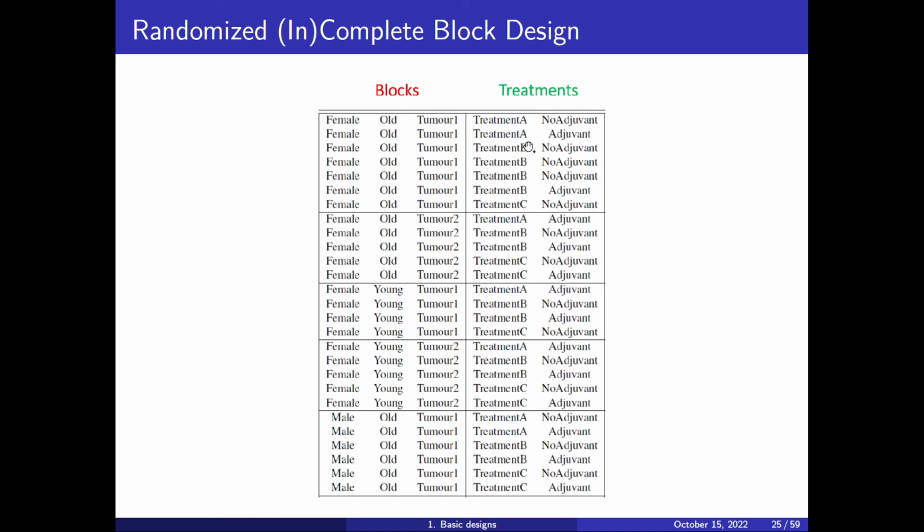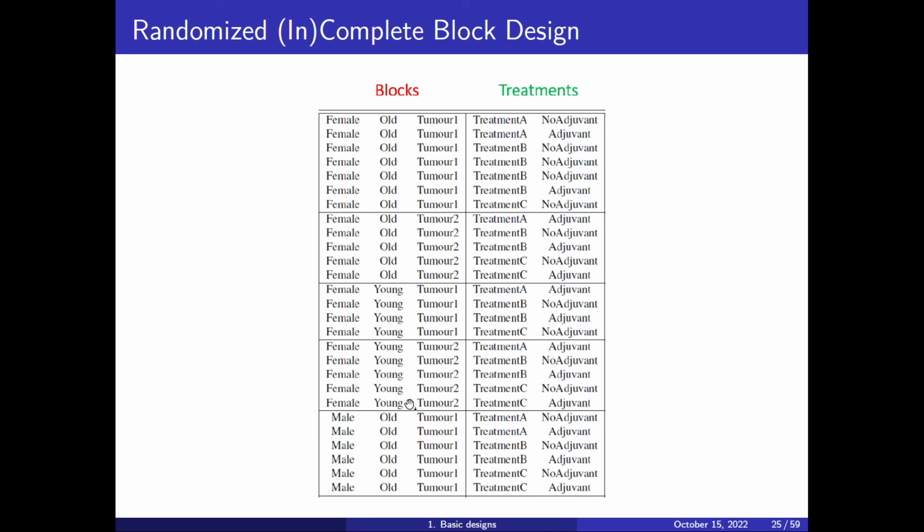And then these treatments are applied on homogeneous blocks. So you have 2 kinds of tumors, and then you have sex and age. So you would have a homogeneous group that is all females with tumor 1, and within these they are randomly allocated to the treatment, and the same for each one of the blocks.